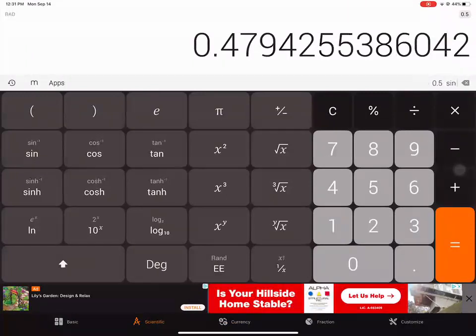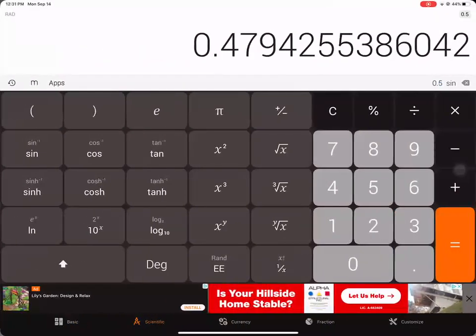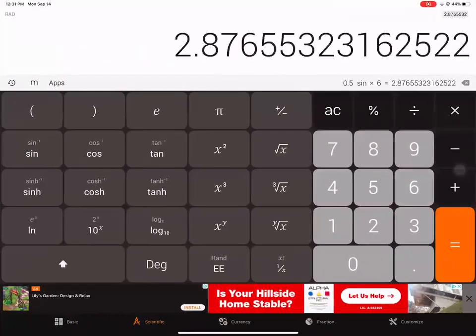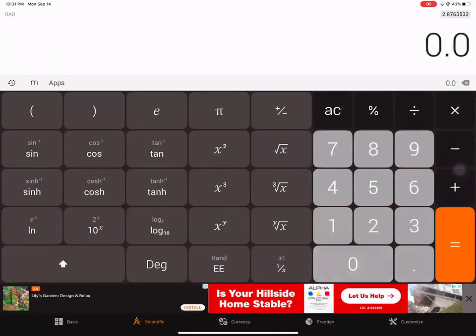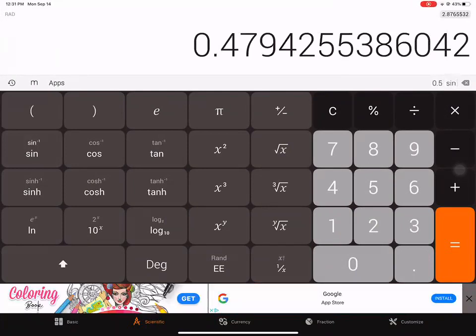Now, I'm going to say, what is 0.48? We said 30 degrees is pi over 6, just to show you this. If I multiply this by 6, that'll give me back pi, just to show you. Times 6. Oh, darn it, I pushed the wrong one. That's wrong.